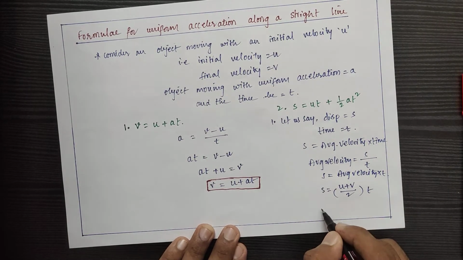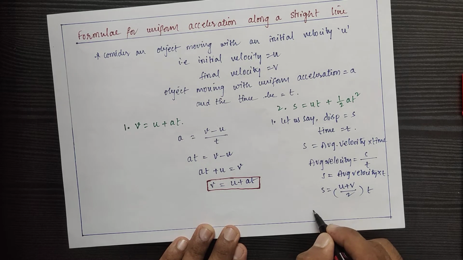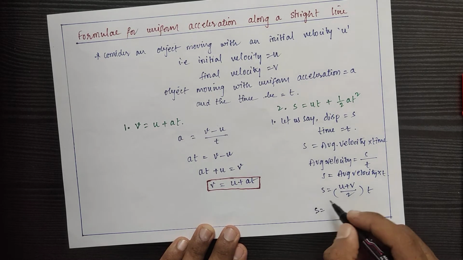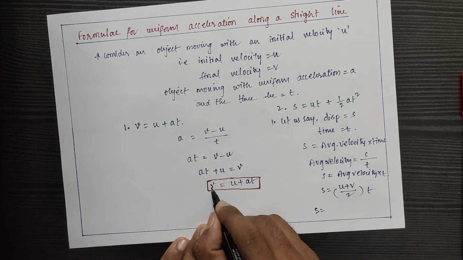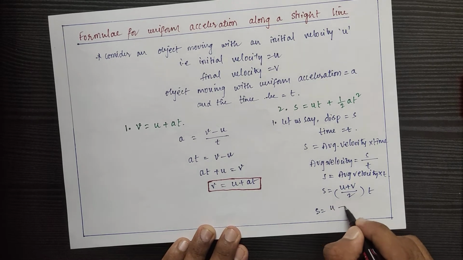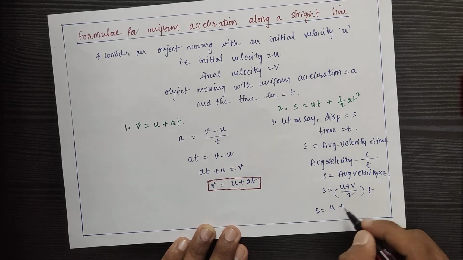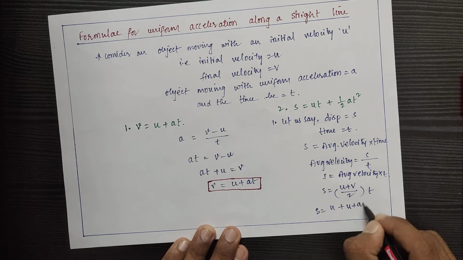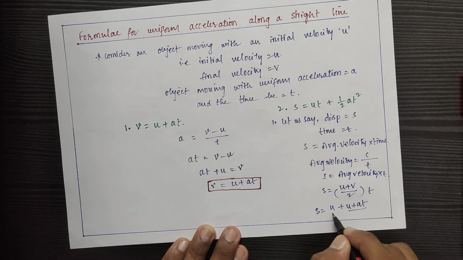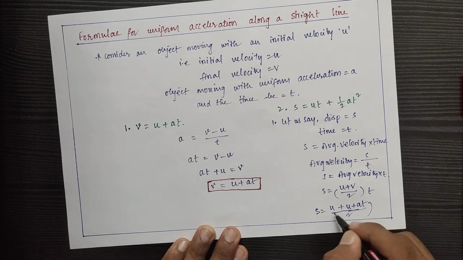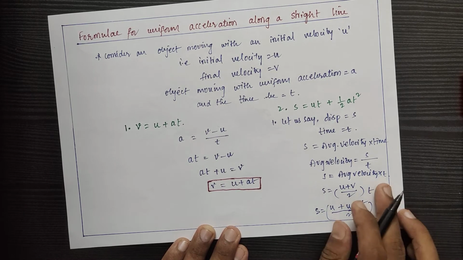From this equation, s is equal to u plus the value of v, u plus at, total by 2 into t.